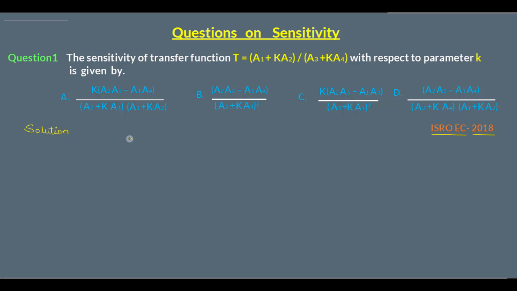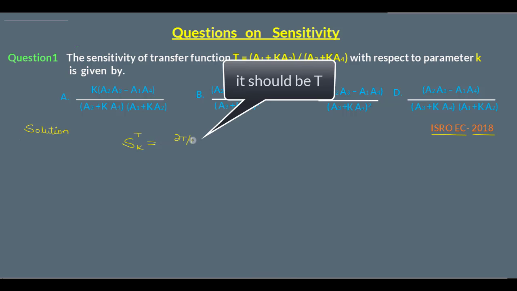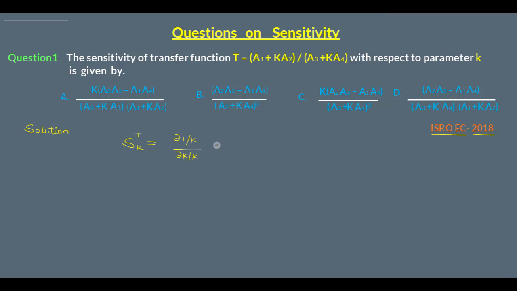So we have to find the sensitivity of the transfer function T with respect to K, and we know the formula. It is given by (∂T by T) upon (∂K by K), and we can write this as K upon T into ∂T by ∂K.